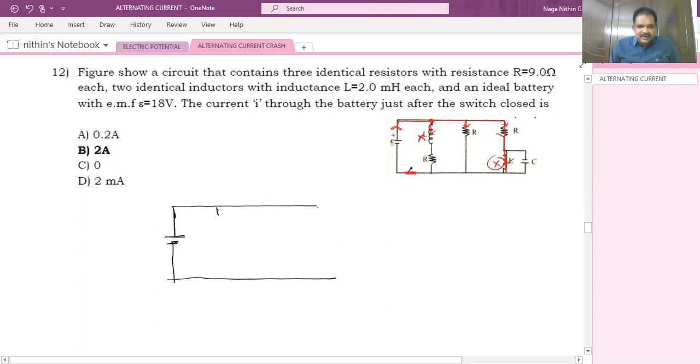Here an inductor is there, here a resistor, here only a resistor. Again here a resistor and an inductor. For this again one capacitor.